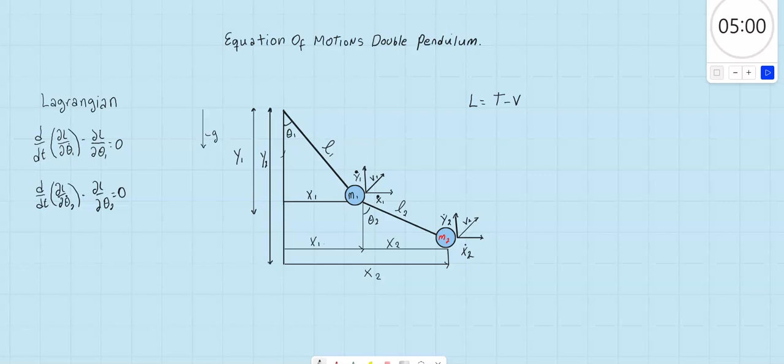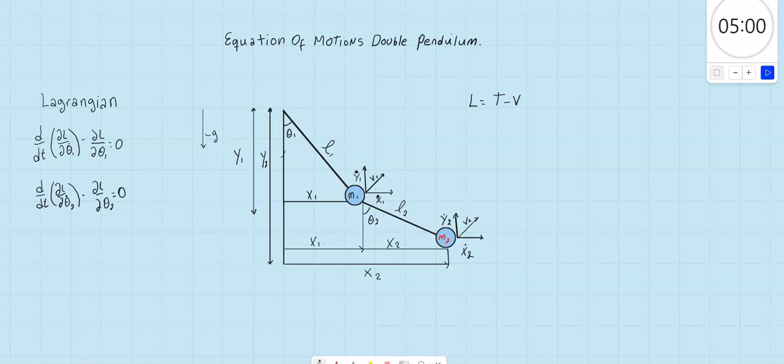And we can break the velocity of mass 1 into x1 dot and y1 dot, and the velocity of mass 2 into x2 dot and y2 dot. Gravity is pointing down. This is L1 for my first string, and L2 for my second string.